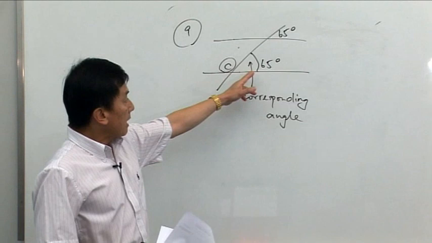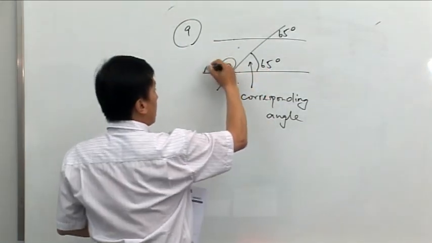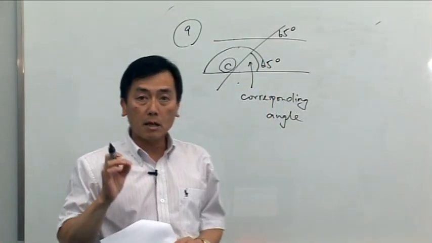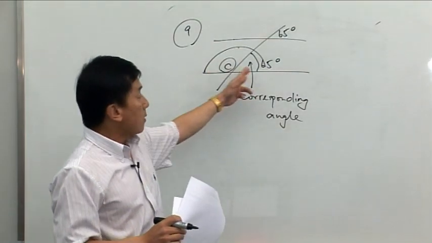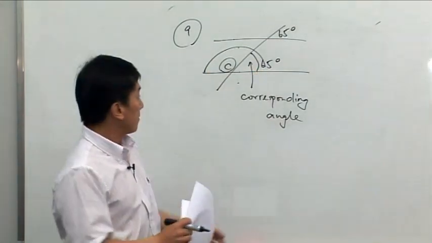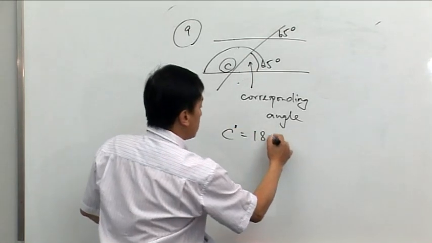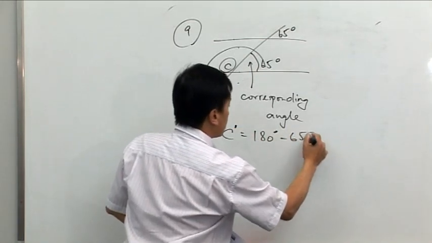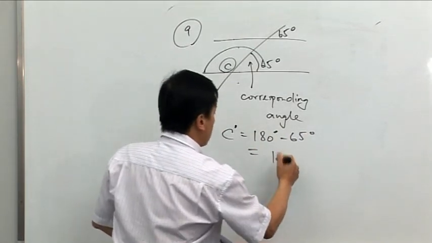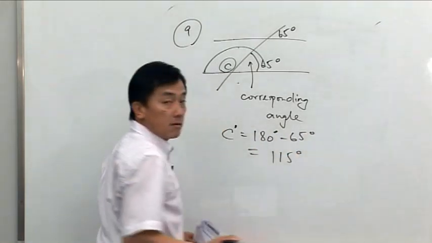Now the angle C and that 65 degrees, that total angle is what we call the supplementary angle. These two angles add up to 180 degrees. Therefore, the angle C will equal 180 degrees minus 65 degrees, and that's going to be 115 degrees.